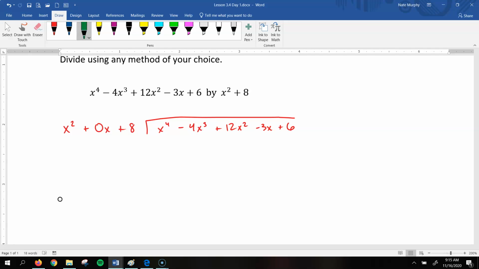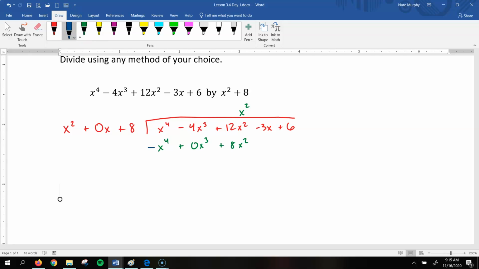Alright, so to start this, we're going to try to figure out what would we multiply x squared by to get x to the fourth. Well, x squared times x squared would be x to the fourth. So I'm going to put x squared, and I'm going to put it above the like term so I know when to end. So we're going to put the x squared above the 12x squared. So I'm going to multiply every term there by x squared, so we would get x to the fourth plus 0x cubed plus 8x squared.